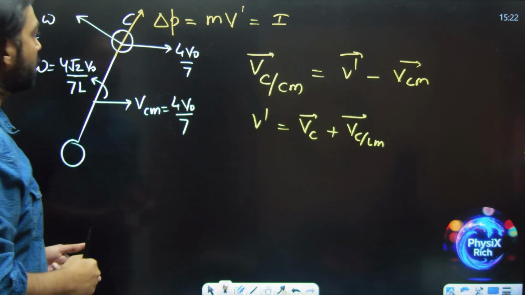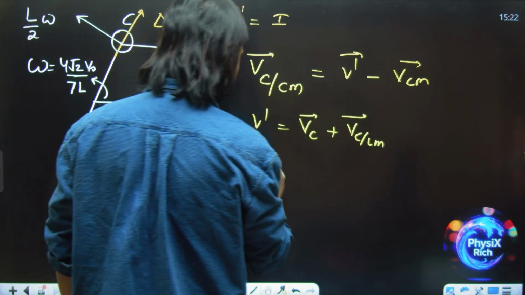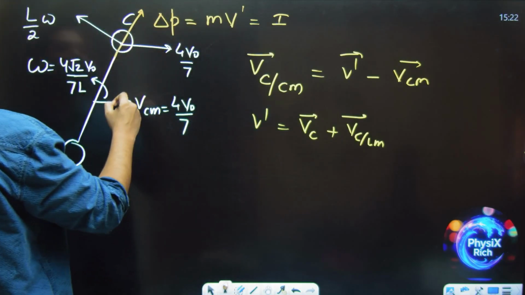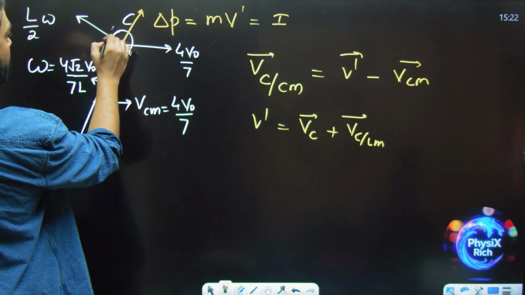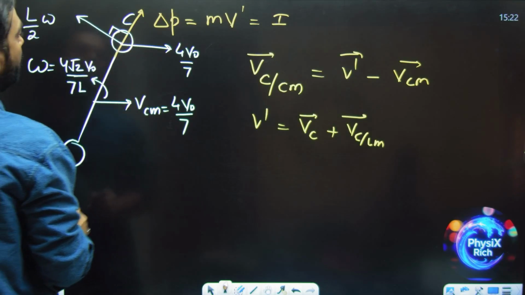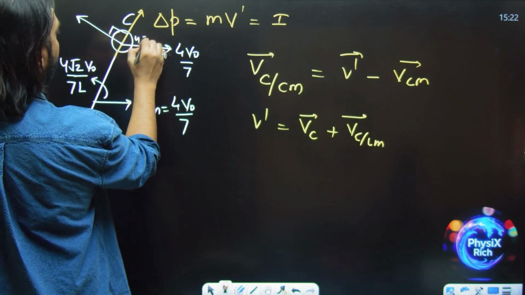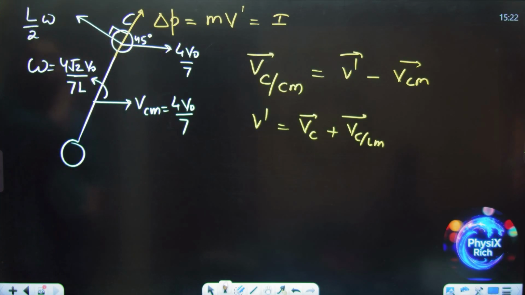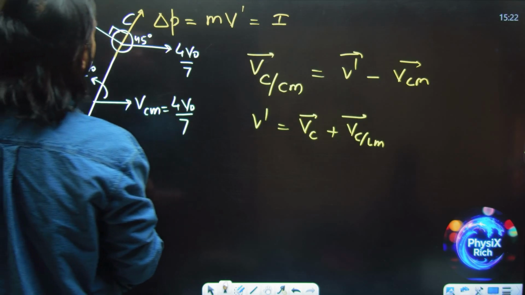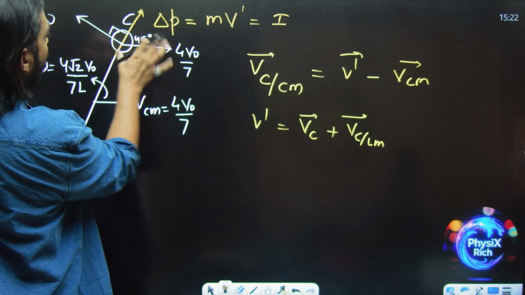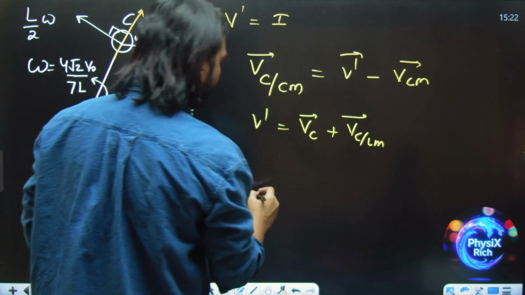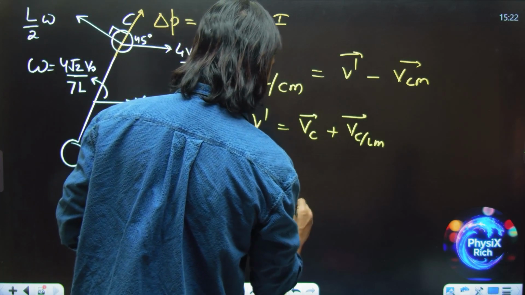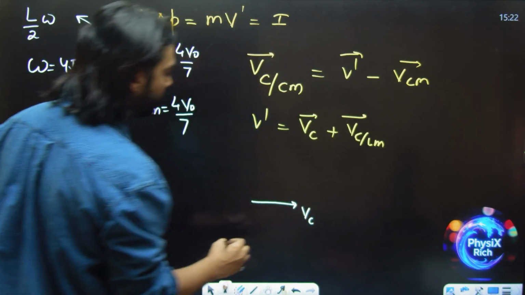So now I'm supposed to add these two vectors, such that this angle is going to be 90 degrees, and this angle is going to be 45 degrees. But we know that the velocity is only in this direction. Check out the vector velocity diagram. So this is VCM.